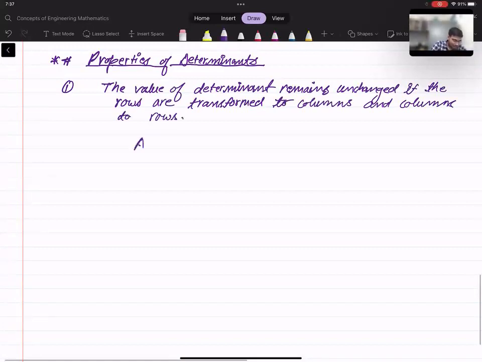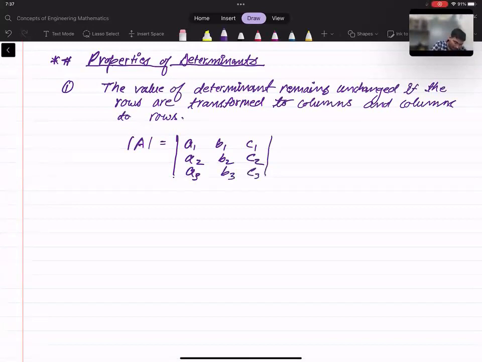Say we have a determinant A, which is A1, B1, C1, A2, B2, C2, A3, B3, and C3. So here the first row is A1, B1, C1, the second row is A2, B2, C2, and the third row is A3, B3, C3. If we convert the rows into columns or columns into rows, both mean the same thing, and the determinant value will not change.